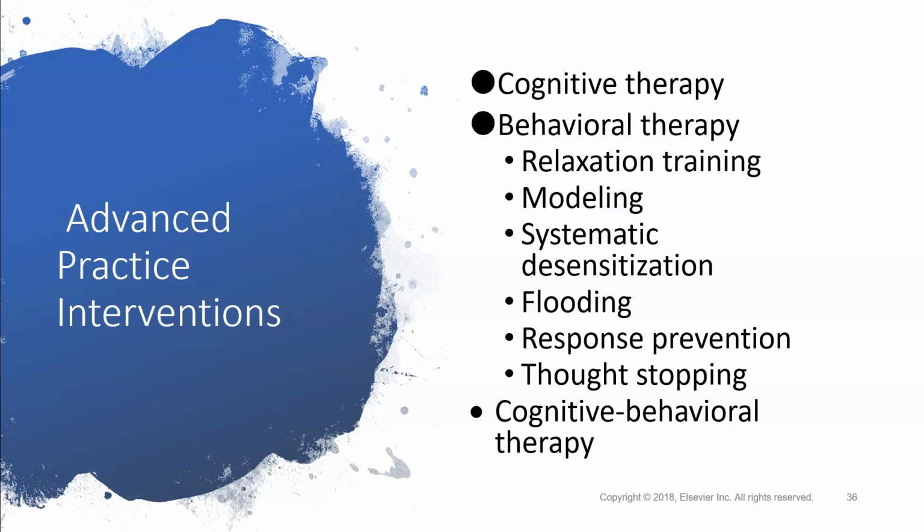Cognitive behavioral therapy ties together cognitive therapy and behavioral therapy. And cognitive behavioral therapy is honestly, in a lot of ways, our gold standard, right? It's what we are going to do for most of our patients. We are going to try to look at that negative thought, and then we're going to try to look at the behavior that goes associated with it.